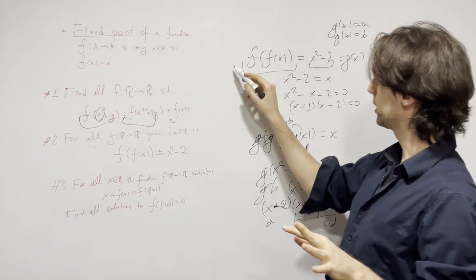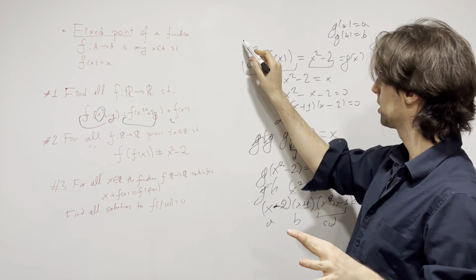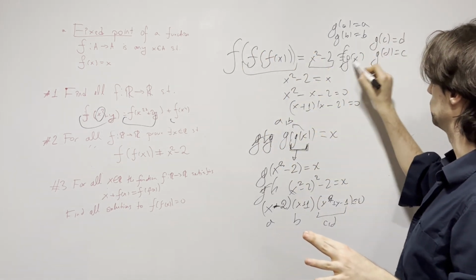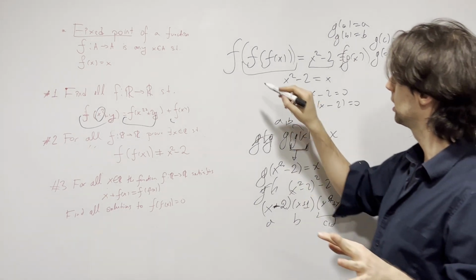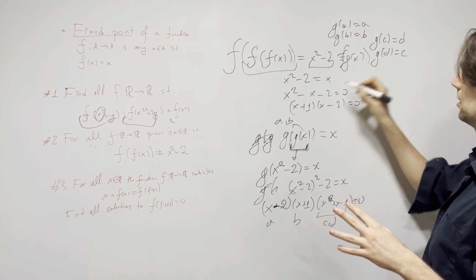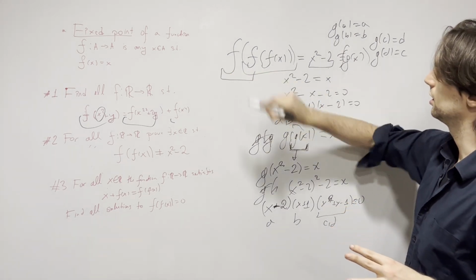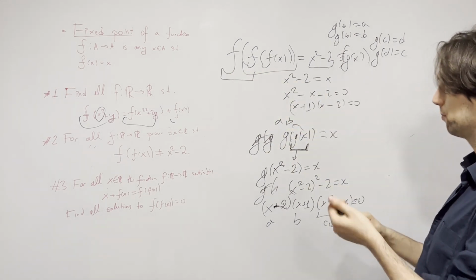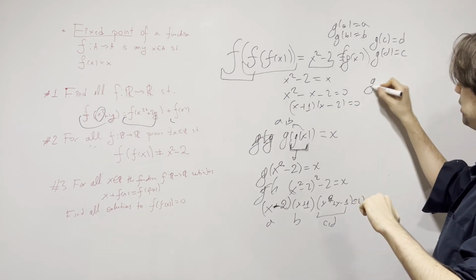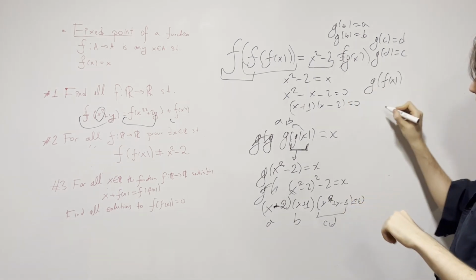And now when we try to look at this in 2 different ways, we can look at f of this is equal to f of g of x. But also, we can look at this as this function being g, f of something is g. So this is g of f of x on the other hand.